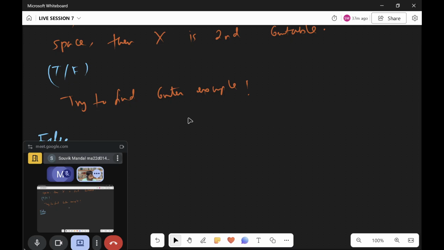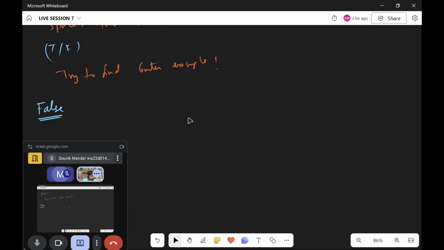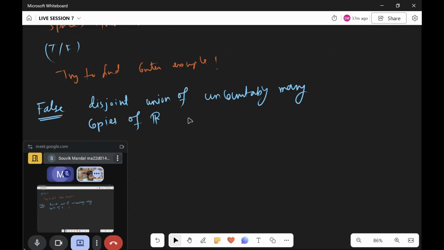The counterexample will be: consider the disjoint union of uncountably many copies of R.